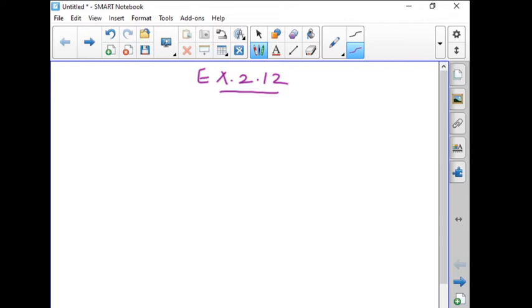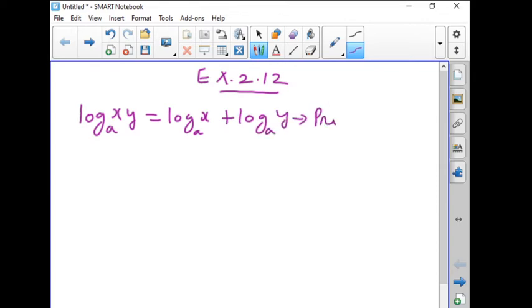Okay, let us recall now. What is the product rule? The product rule is log xy to the base a is equal to log x to the base a plus log y to the base a. What about the quotient rule?